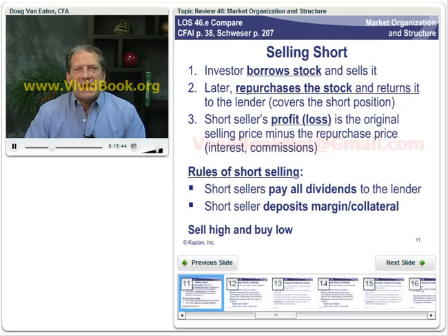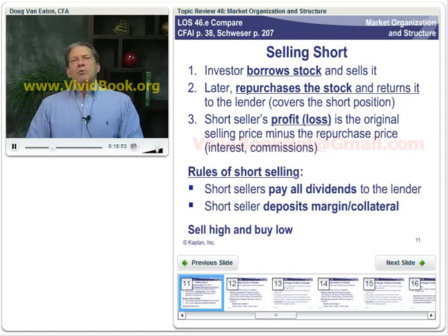So some of the rules of short selling, well, if you borrow a stock, then you must pay the dividends because when you're borrowing stock, very often it might be because it's in a margin account. If it's in a margin account, the brokerage agreement usually says that the brokerage house has the right to lend that stock out.